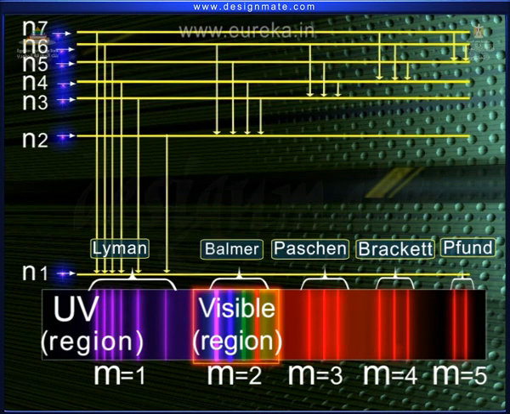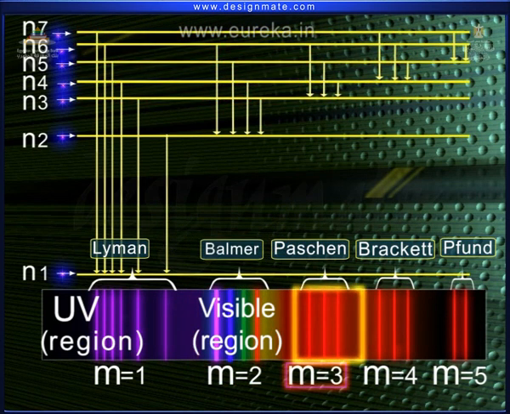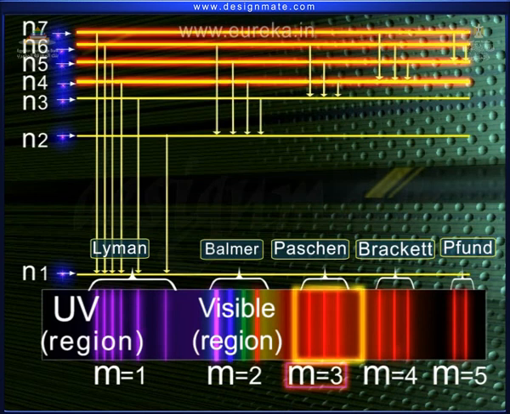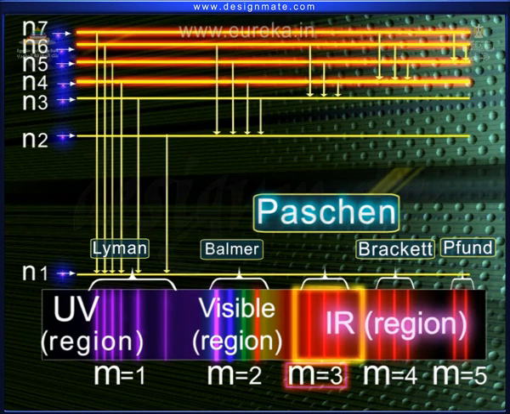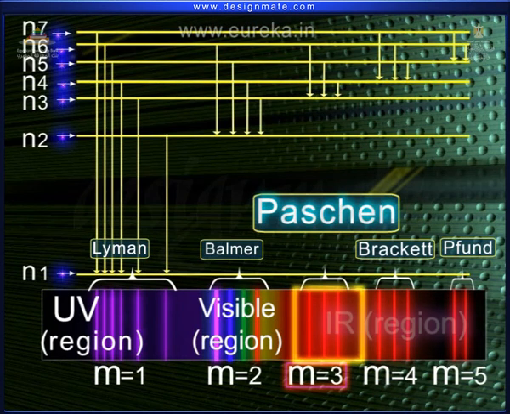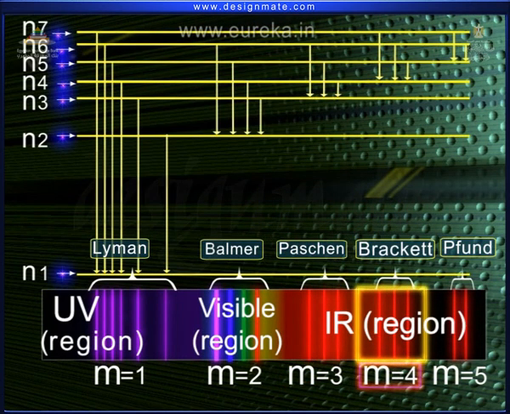The series term M is equal to 3. The line term N is equal to 4, 5, 6, and so on. The name of the series is Paschen, and the spectral region is infrared. The series term M is equal to 4. The line term N is equal to 5, 6, 7, and so on.